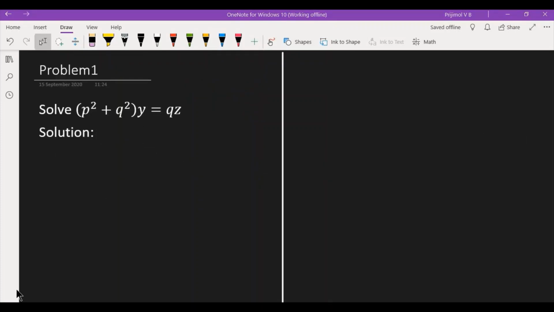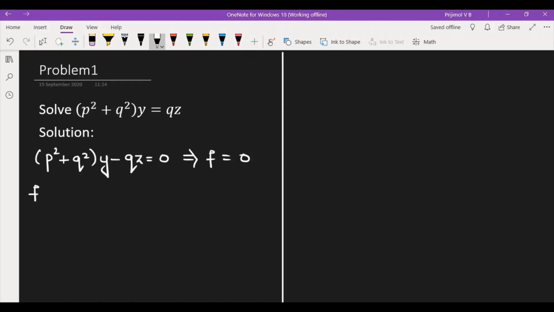Now let us solve our first problem on Charpit's method. Solve (p square plus q square) y equal to qz. Now rearrange this equation in such a way that you get the left hand side equal to 0. That is, we are converting it into the form f equal to 0.